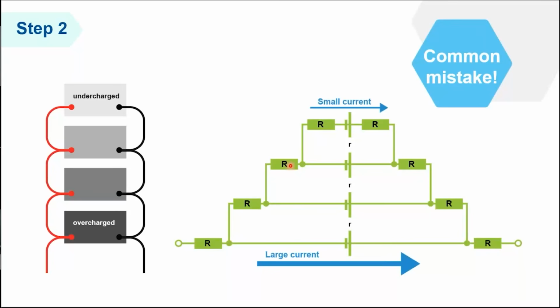But it has a significant effect. And the current will always choose the path with the least resistance. So the current coming here, of course, is lower than the current coming here, and of course the voltage. So the batteries will be unbalanced soon, and they will fail. This battery will start failing prematurely.